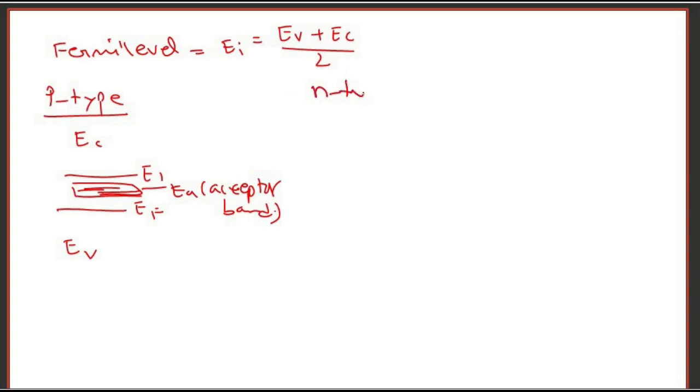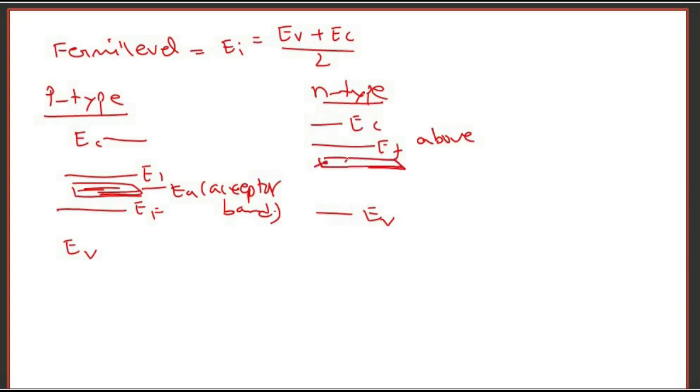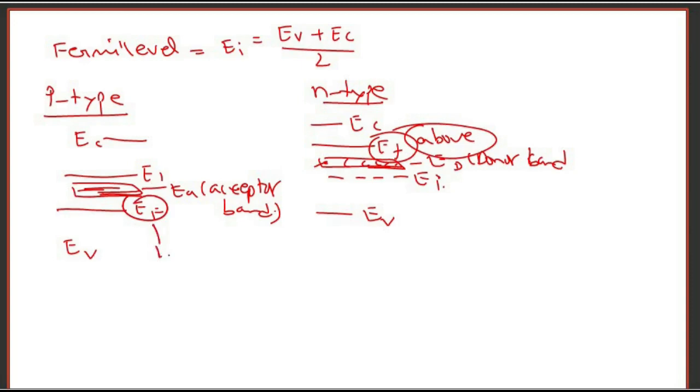Suppose it is an N-type semiconductor, you will have the conduction band here and the valence band here. EF will be above the acceptor band, sorry, donor band. This ED is a donor band, and this EI. Hence, EF will be above, and here the EF will be below.